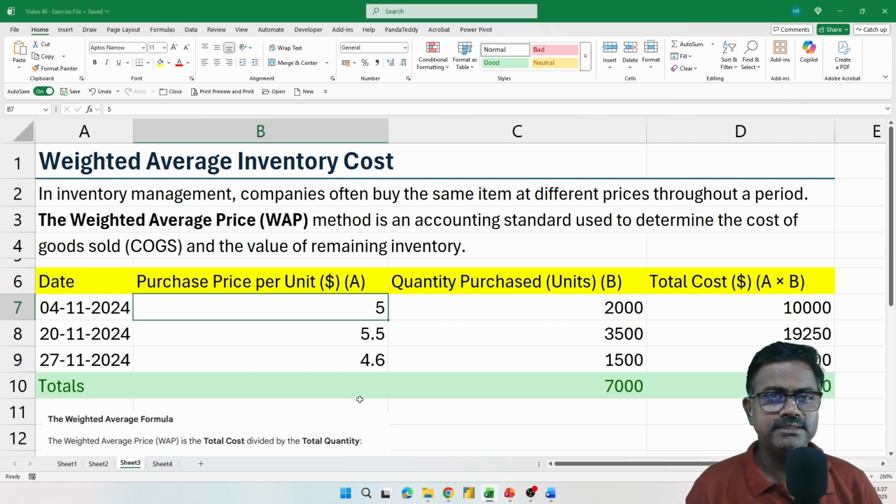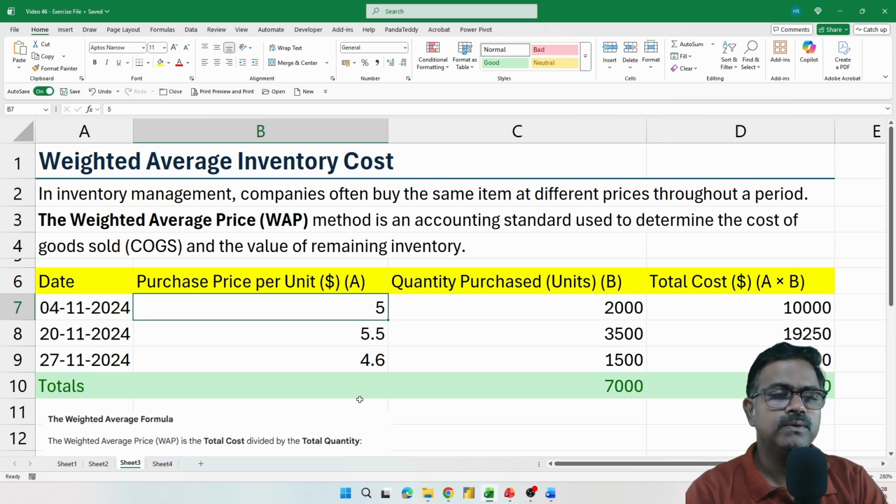Let's say it's a kind of metal whose price keeps changing every day. I'm buying the same metal in different quantities, but the price keeps varying. So how do I calculate the average price for that particular material I have in my inventory?